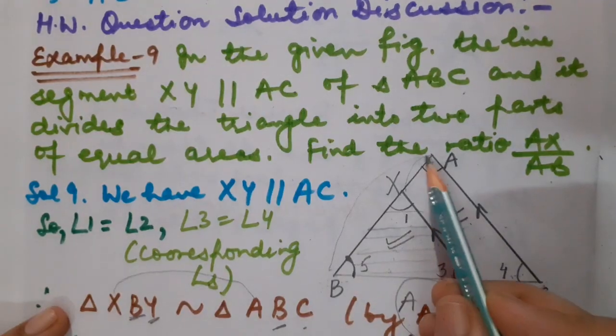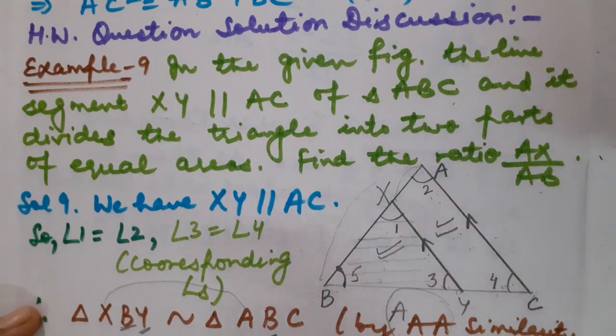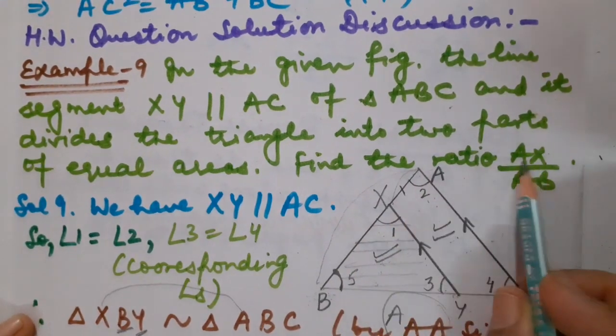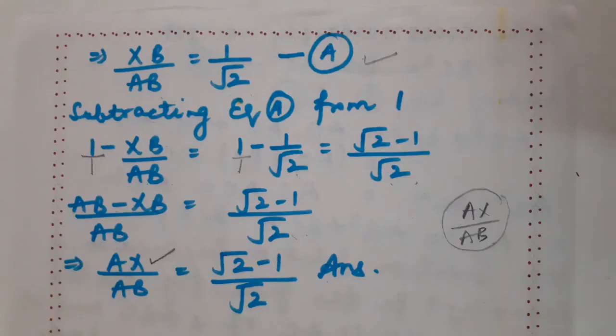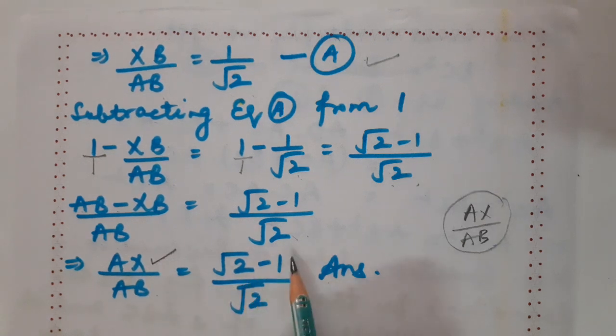So this was AB minus XB. So this is equal to AX. The same thing I want, and in the denominator I want AB only. So children, I have got AX upon AB is equal to root 2 minus 1 upon root 2. So this was the solution of example number 9.